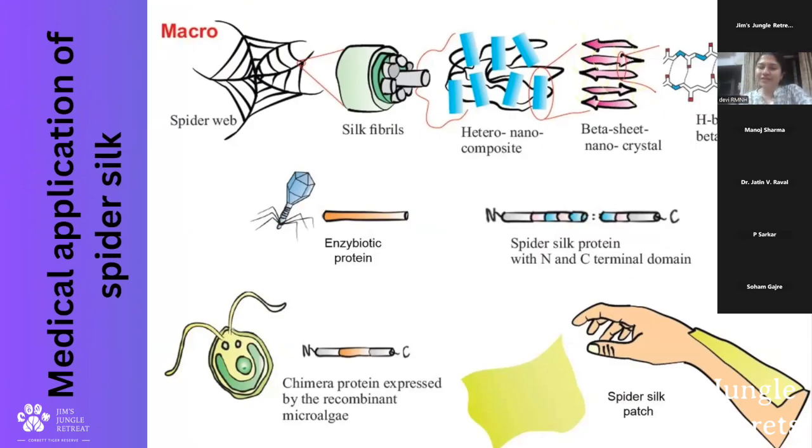One, use it for surgery. It is inert material. This does not react. This is plain protein bound in a very intricate fashion, and this can be used to stitch organs when they are cut open for surgeries. Sometimes it is stitched with the normal thread which later needs to be pulled out, which is extremely painful.